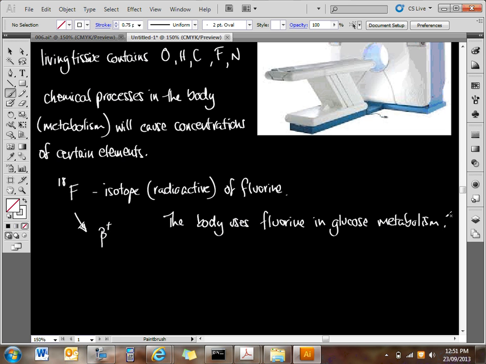Considering fluorine is used in glucose metabolism, why would they ask you to sit very still or lay very still? Yes, certainly partly because the body's going to be looking to use that as energy, isn't it? Partly true.